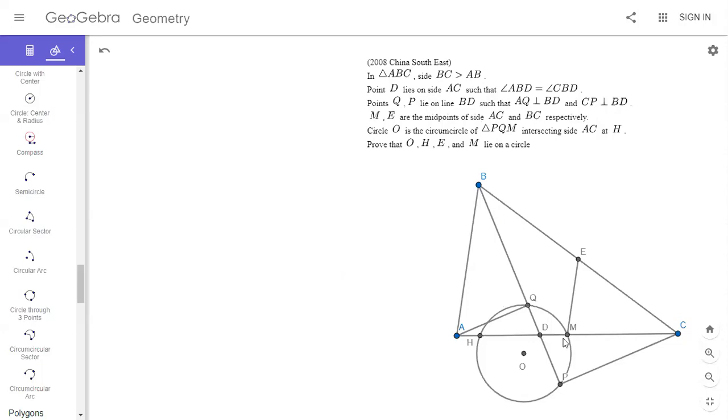We have AD over CD is equal to DQ over DP. And that's also equal to AB over BC.